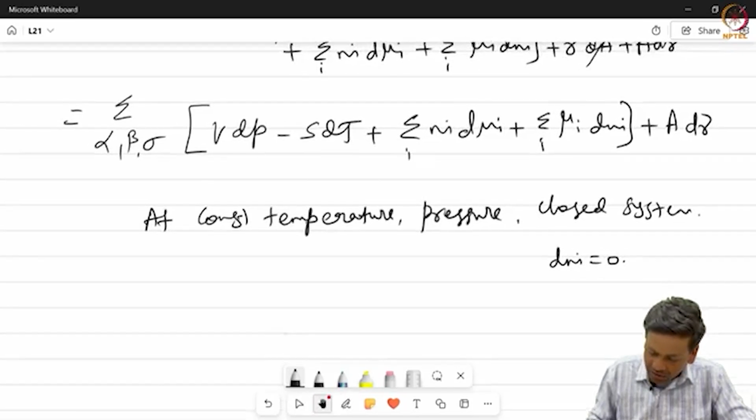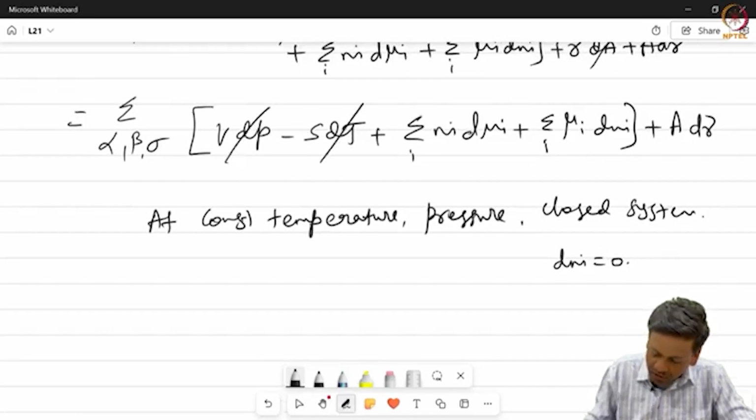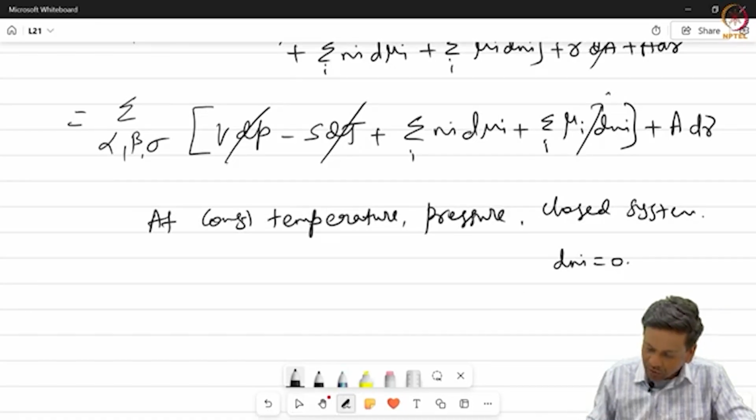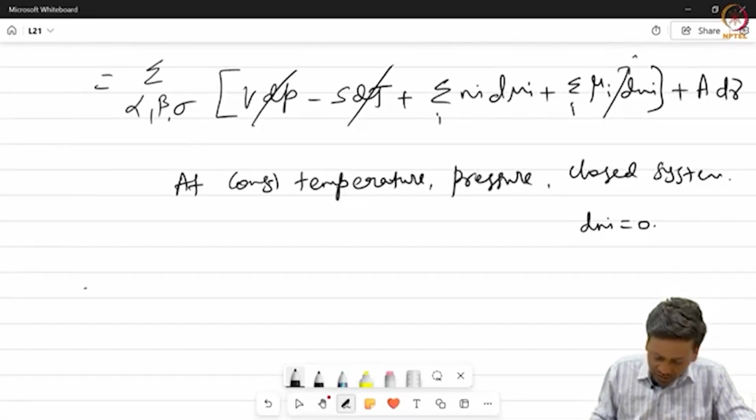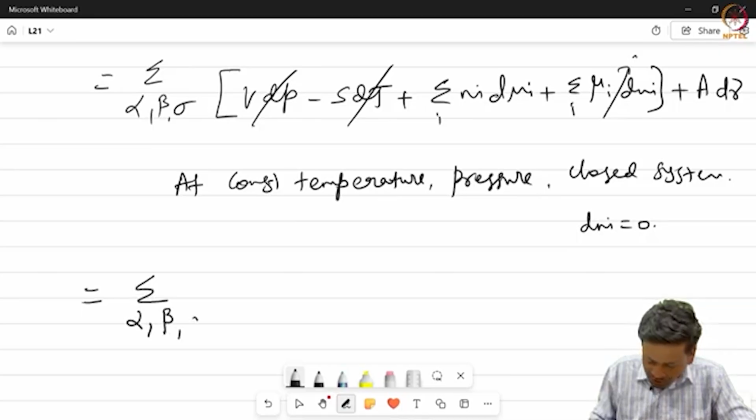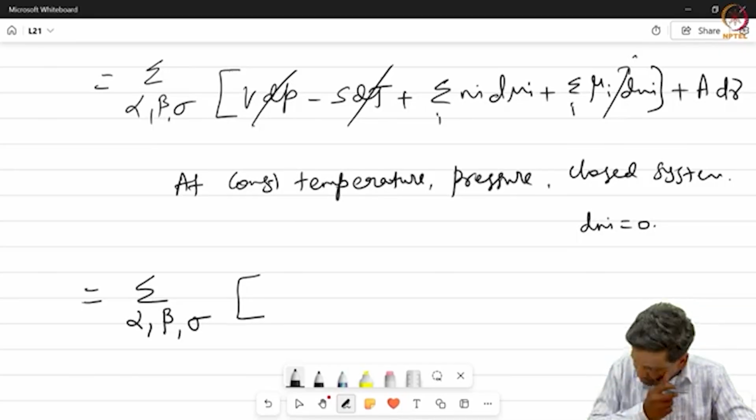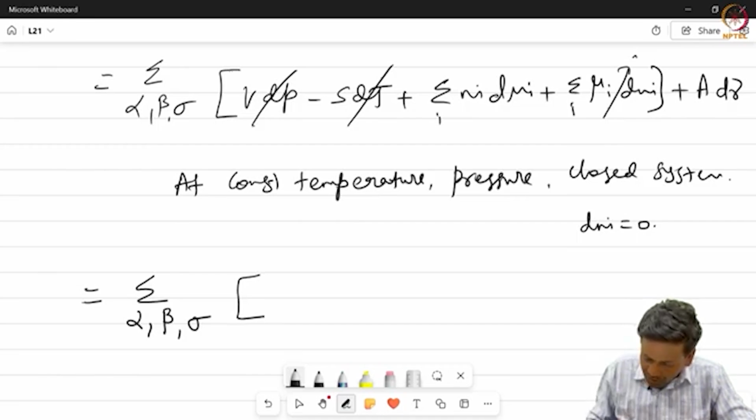For constant temperature and pressure, this term also cancels out, and this term cancels out as well. So, you will be left with simply the summation over alpha, beta and sigma of Ni d mu i plus A d gamma, right.